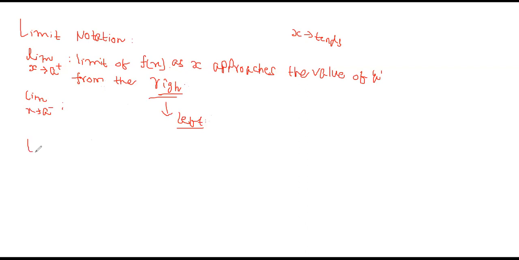And the last line, you write again limit x tends to a: if LHL is equal to RHL, then the limit exists. Noted?